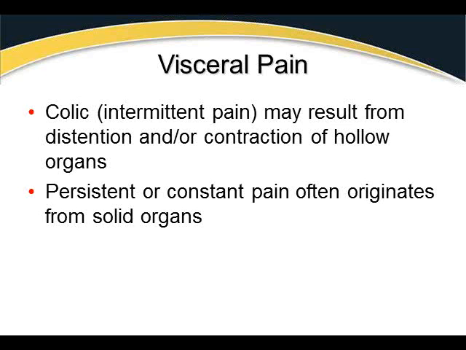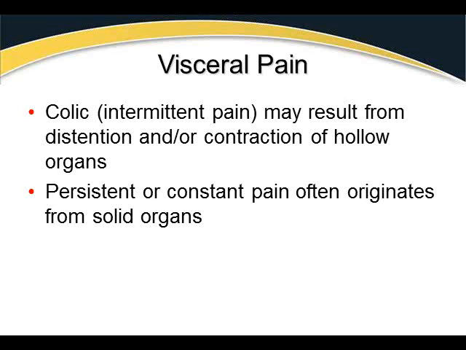Persistent or constant pain often originates from a solid organ. What that is saying is that with a persistent or constant pain that usually stays about the same, the item has swollen. Say, for example, the liver, which is a solid organ, has swollen. It stays swollen, whereas a hollow organ is going to expand and contract depending on what the system is doing.